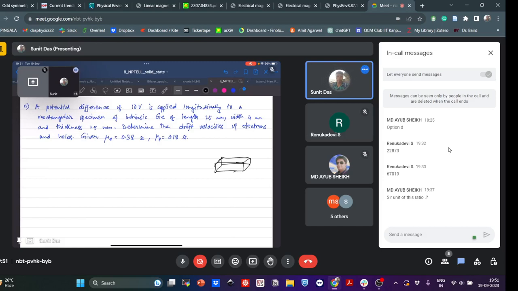Suppose the rectangular length is 25 millimeter, thickness is 1.5, and width is 4 millimeter, and electric field is applied longitudinally. That means along this direction electric field is applied. So we need to find drift velocity for both electrons, v_e, and holes, v_p.